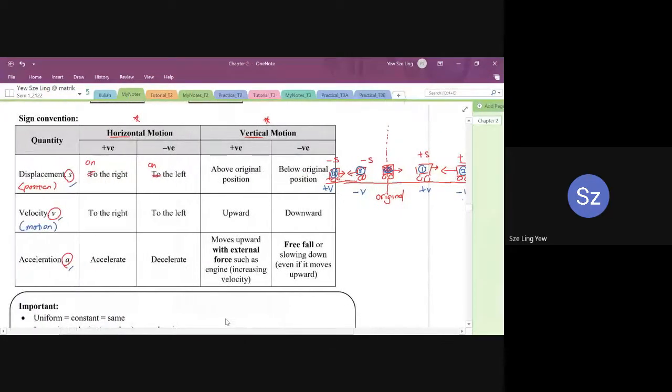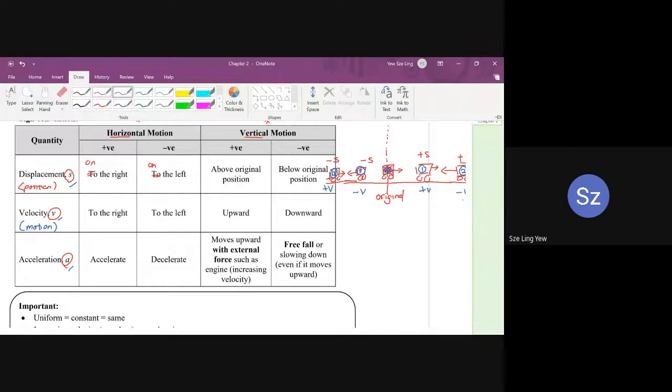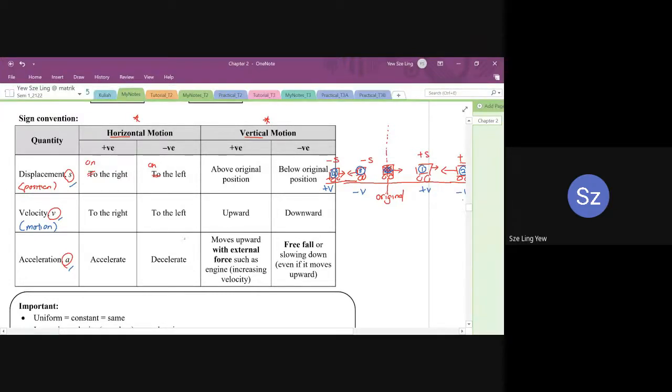All right, next. When it comes to acceleration, it is a bit hard to say. Like I told you before, you have to look at what happens to its velocity, whether it accelerates or decelerates, and then look at its direction of motion. But in your syllabus, we make it simple.